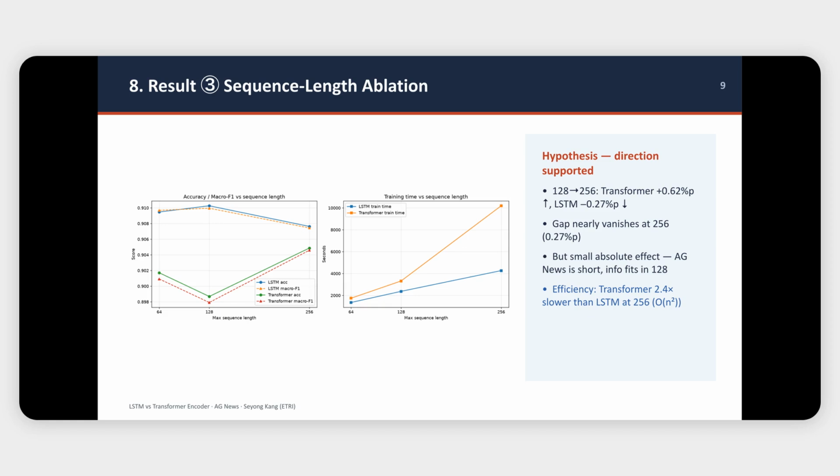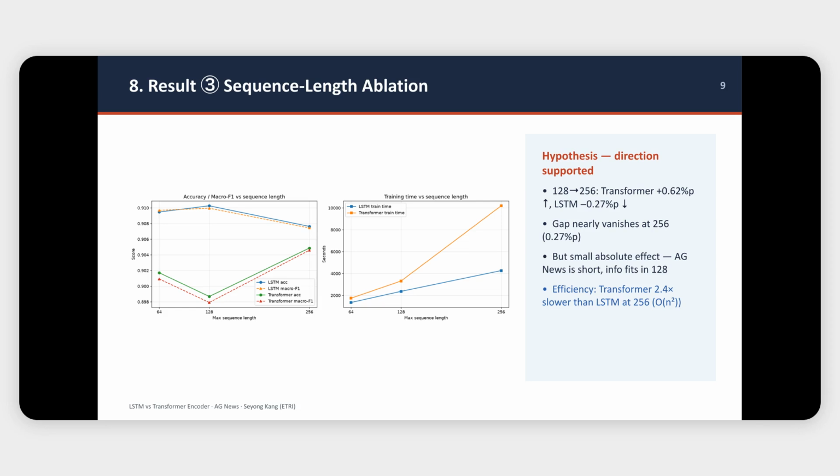Exactly the direction we guessed, and at 256, the gap nearly disappeared. So the direction is confirmed, but the effect is small. AG News articles are short, so most meaning fits in 128 words and 256 mostly adds empty space. The strong claim, the transformer beating the LSTM on long text, needs longer documents.